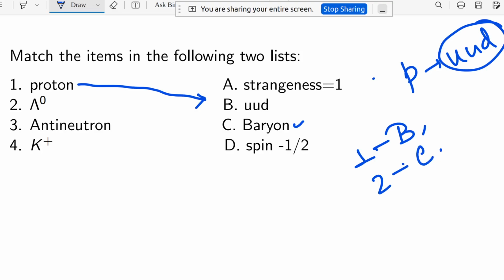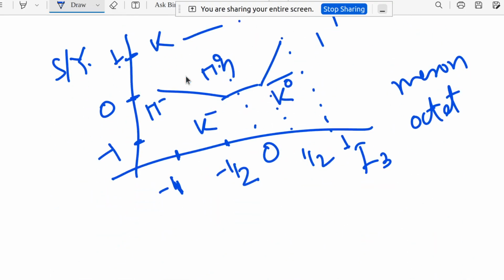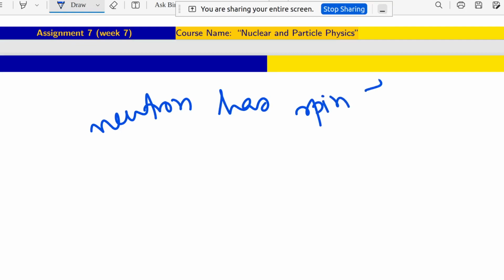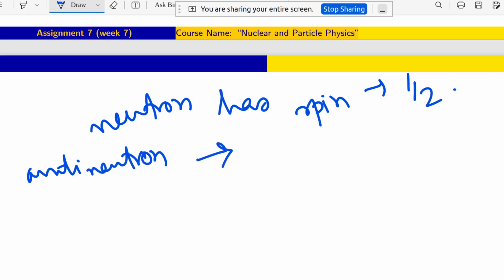Now coming to antineutron. Basically, neutron has spin half, right? And antineutron is nothing but the antiparticle of neutron.